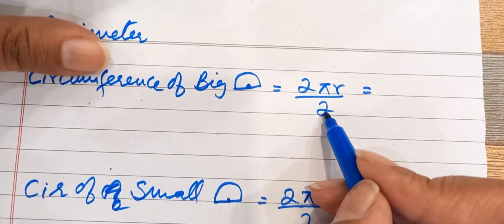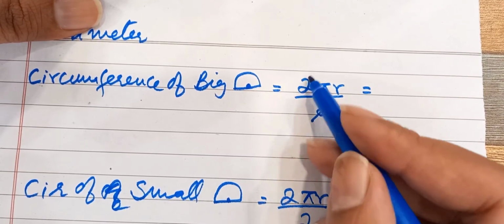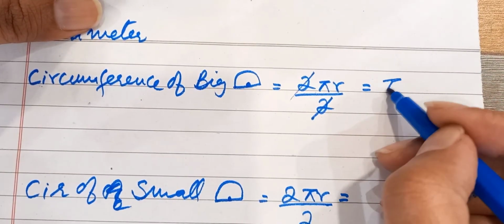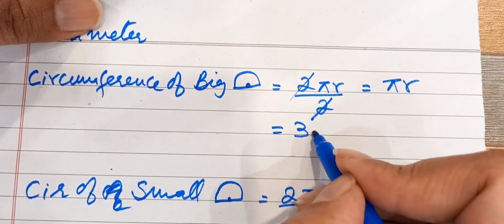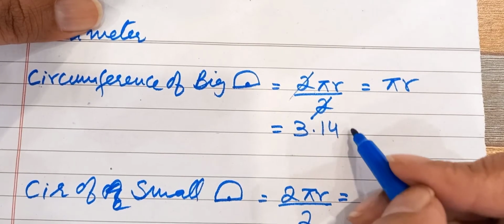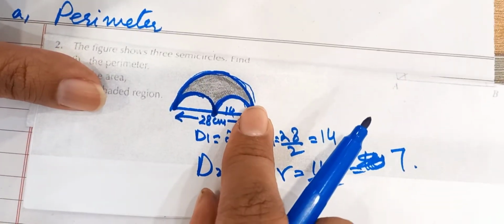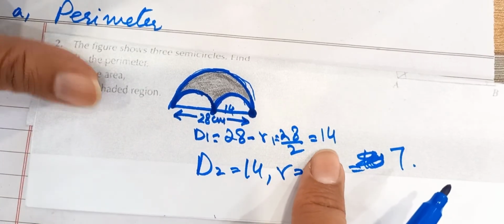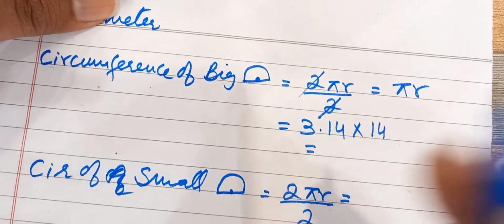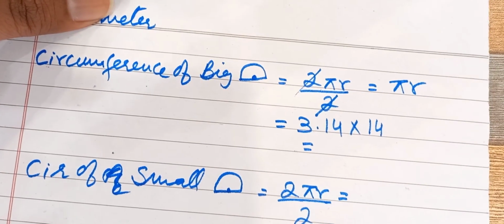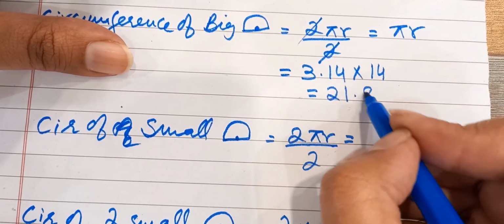I'll divide it by 2 to get the circumference of a semicircle. The 2 will be crossed out and I'll be left with pi r. So I'll substitute the values. Pi is 3.14 and the radius for the big semicircle, as we have already calculated, is 14. So I'll multiply it with 14 and I'll get my required result, which is equivalent to 21.98.